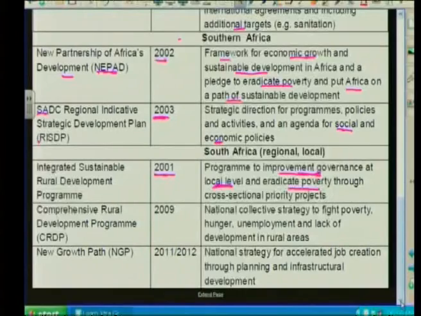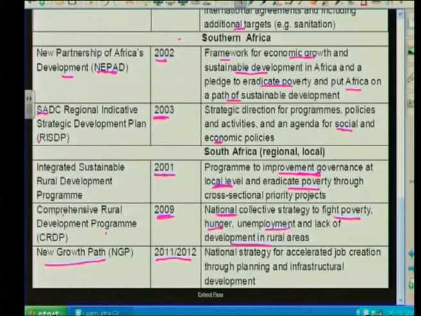The next one, Comprehensive Rural Development Programs, or CRDP. Note the date, 2009. A national collective strategy to fight poverty, hunger, unemployment, and the lack of development in rural areas. And lastly, the current strategy, the New Growth Path, or the NGP.